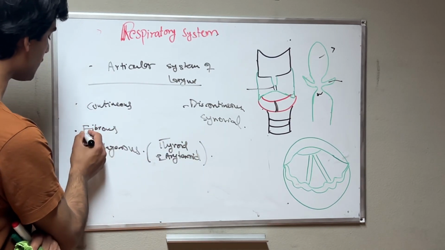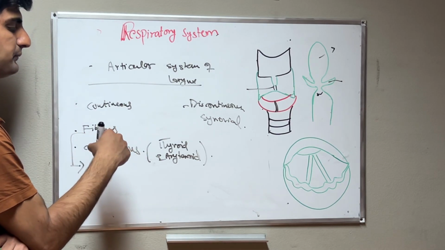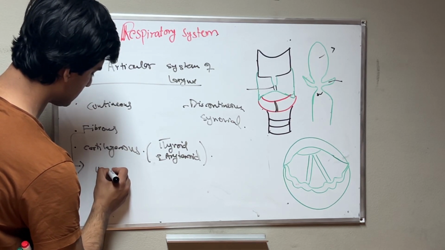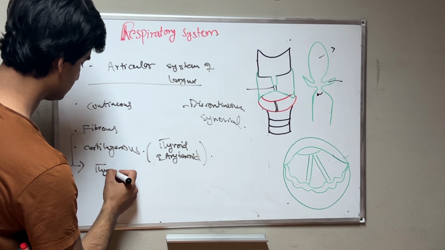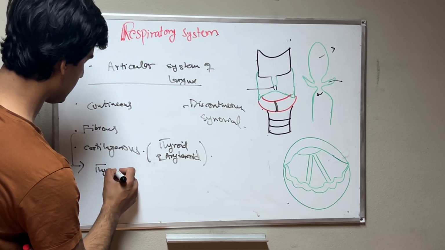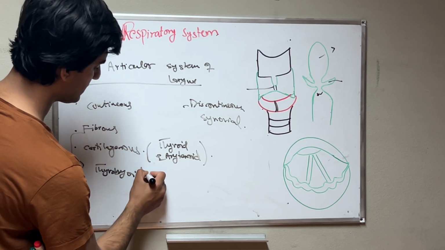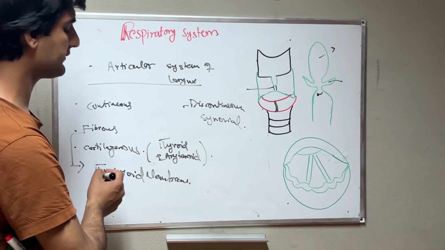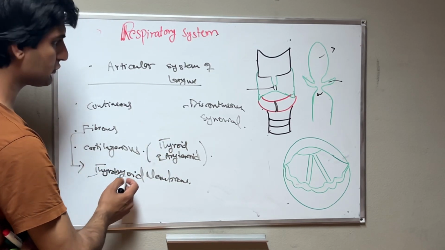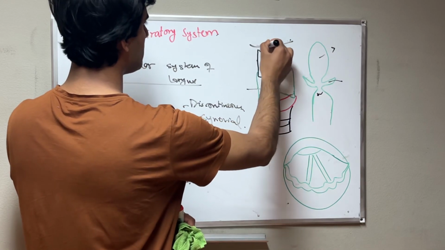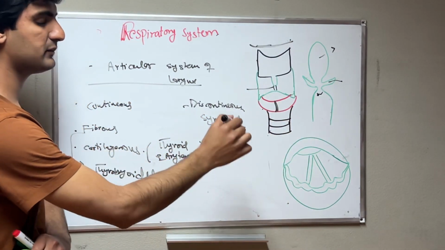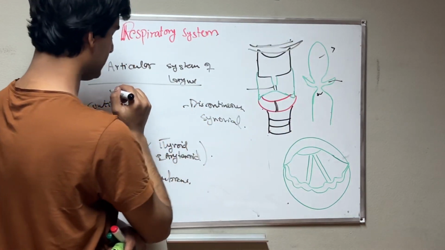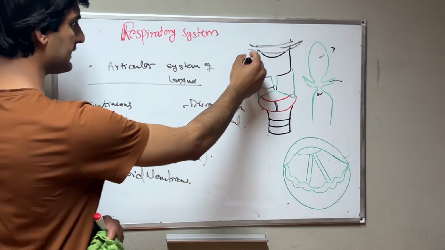And fibrous, we have many. First we have the thyroid membrane, from the anterior view. The larynx is located between the hyoid bone and the trachea. The thyroid membrane is the membrane from the thyroid cartilage to the hyoid bone.